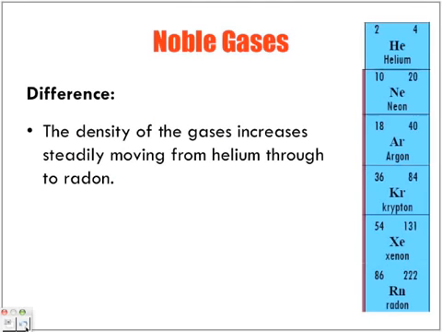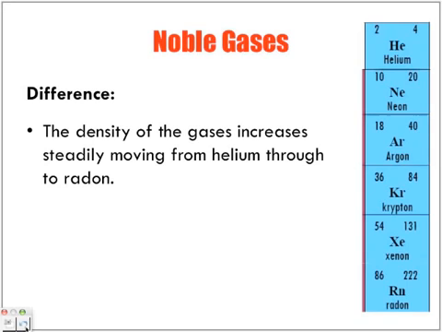So differences, the density of the gases actually increases steadily, moving from helium through to radon. So if we were to use these gases to blow up balloons, right? The one that will rise the highest would be those filled with helium, right? Then with neon, right, is more dense than helium, so it can also be used to keep a balloon up in the air, but it won't rise as quickly as it would for helium.